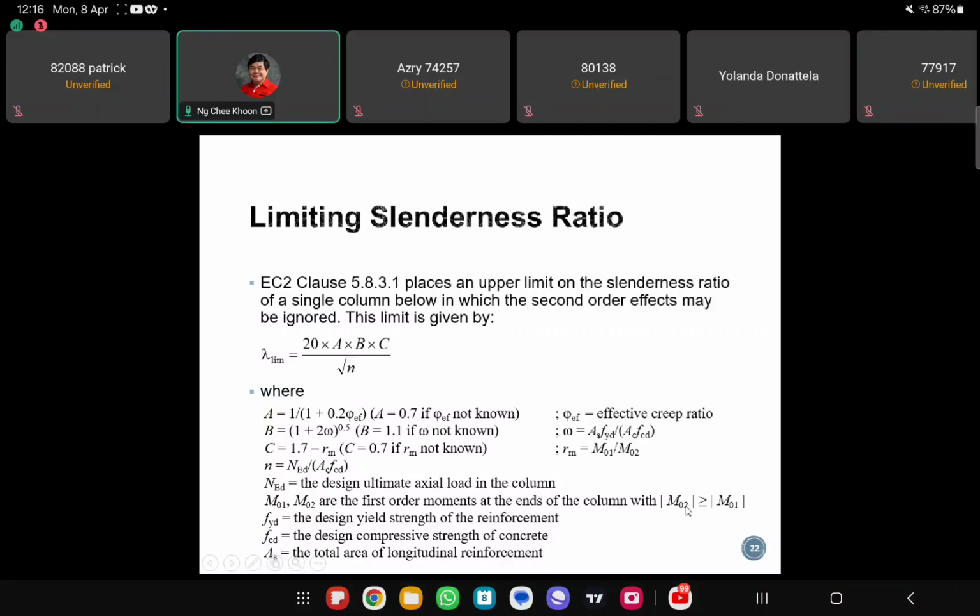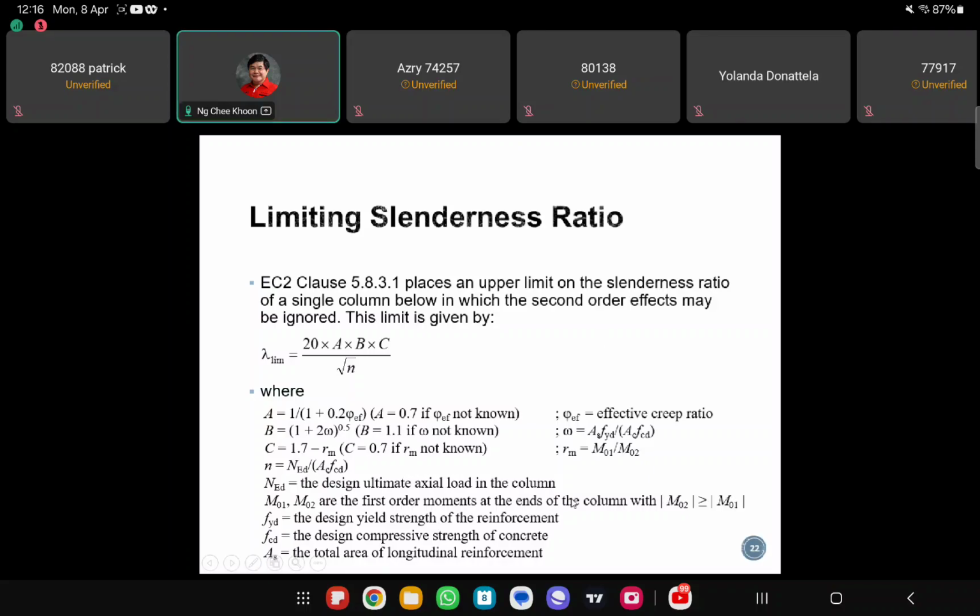The magnitude of moment at M02 normally is the larger moment, and the M01 normally is the smaller moment. So it's a reverse of what I have explained just now. Sorry about that, I made a mistake here. So normally M02 refers to the larger moment magnitude, and M01 refers to the smaller moment magnitude.